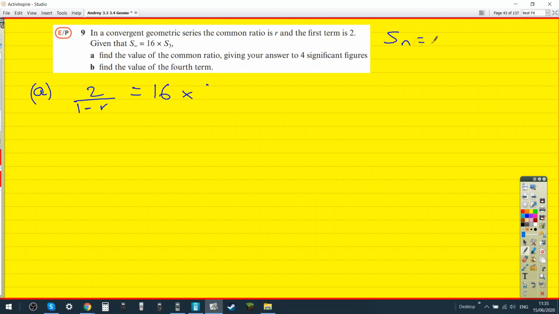Do you remember the formula for the sum to n terms? Like a, and then r, right, and then 1 minus r to the n over 1 minus r. Yeah. So it would be 16 times 2 times 1 minus r to the 3 over 1 minus r. That's it. And then you just put it in your calculator. Yeah.